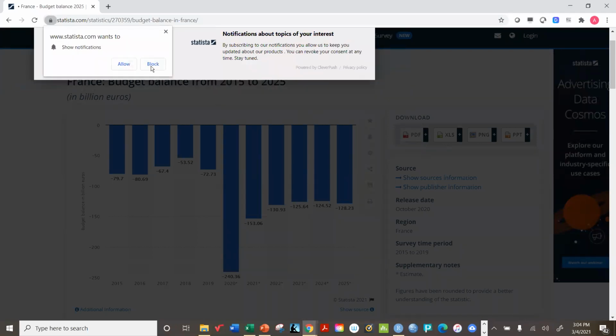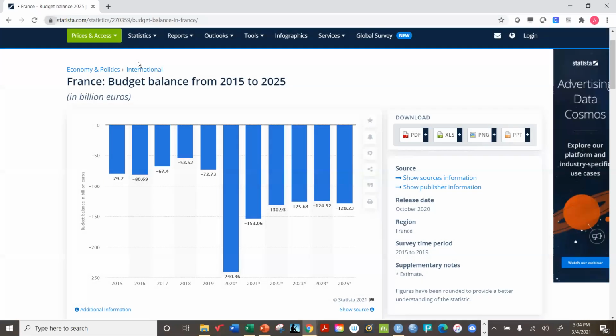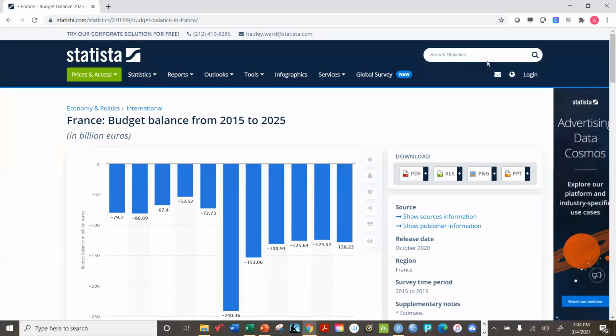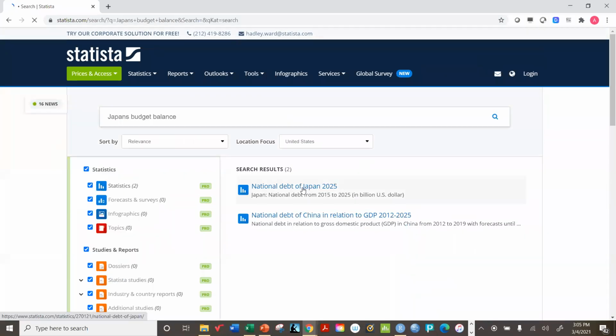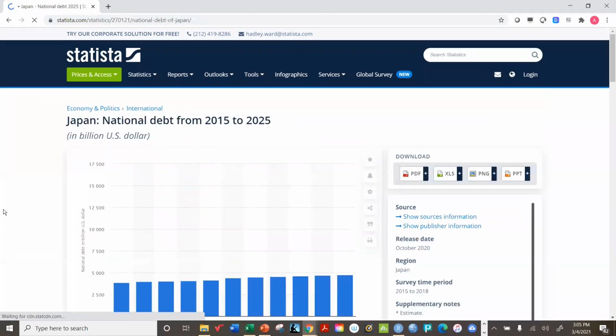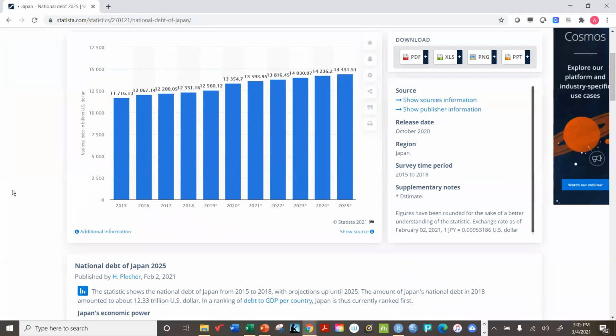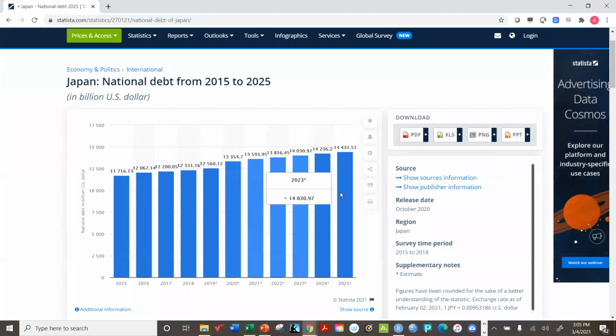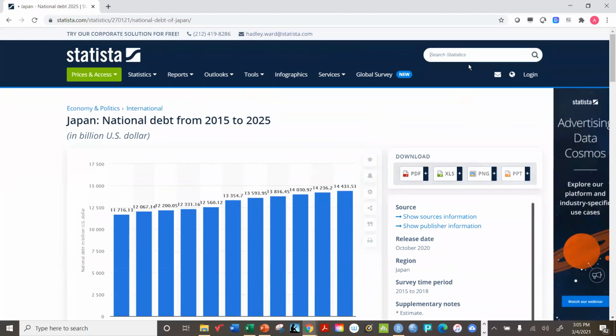How about Japan? You would think Japan, the country where everybody saves. No, the government spends like crazy in Japan. That's their debt. Okay, I wanted to see their budget. Let's see if I can find it. Singapore might have a surplus. Oh, maybe.